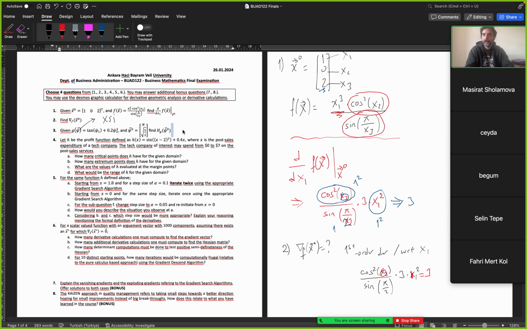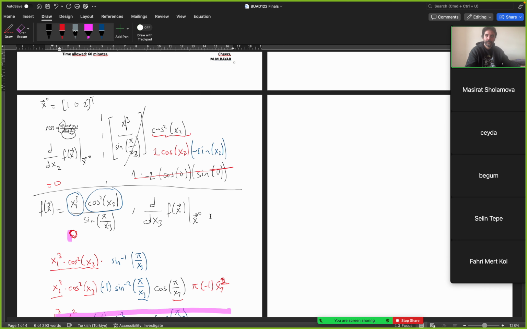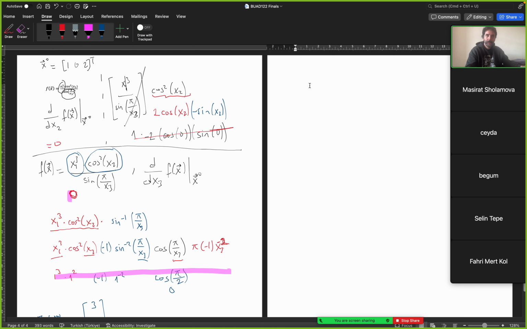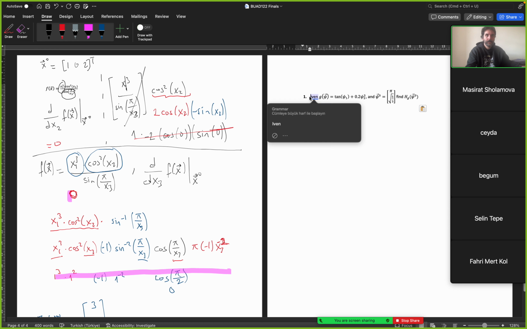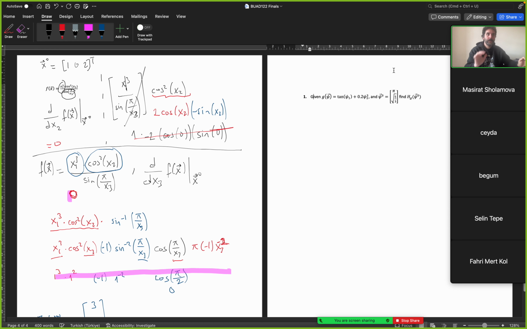You're asked to find the Hessian matrix of function g evaluated at z0. So let me just do it. Here we have the question, so we can work easily.